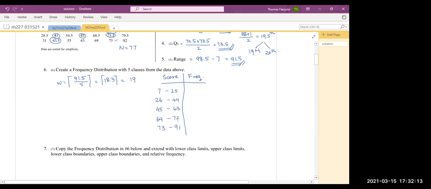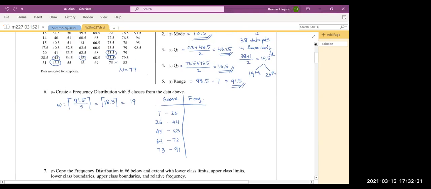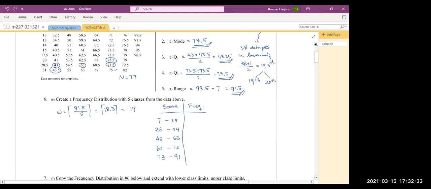Something is not right, because the highest score is 98.5. So where did I make a mistake? 90 divided by 5, 18, 19. So 7 plus 19, 19, 19.